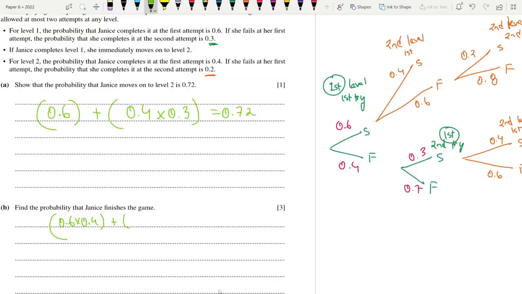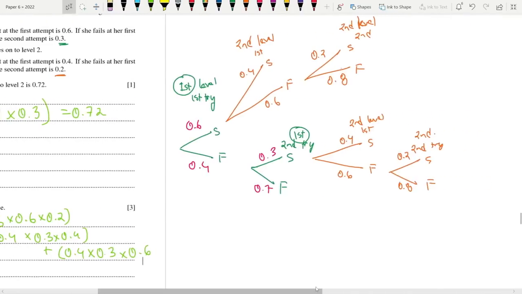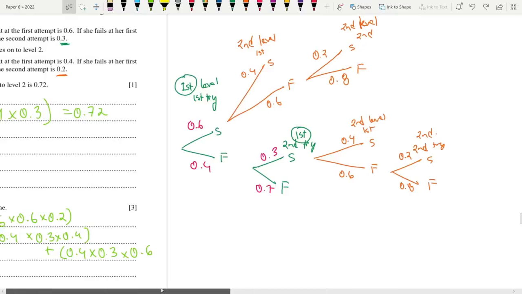Okay, next one is success followed by failure followed by success. Next one is failure followed by success again. Or what's the next one? Failure followed by success followed by failure again, and then the last one, success, 0.2.